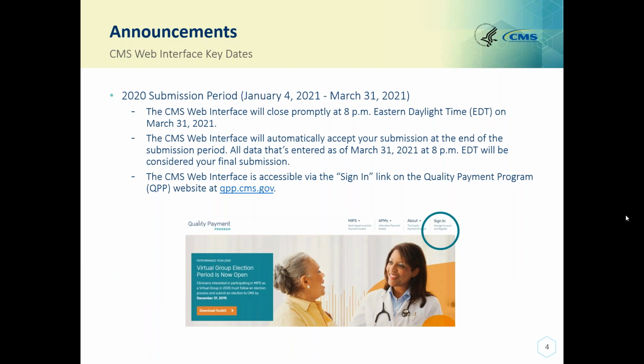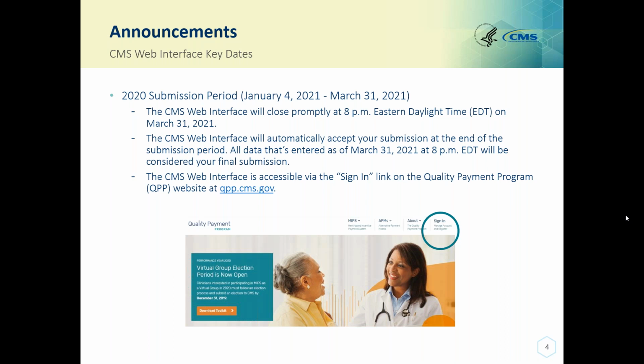The CMS Web Interface will close promptly at 8 p.m. Eastern Daylight Time on March 31st, 2021. Your submission will be automatically accepted once the submission period closes. As a reminder, the CMS Web Interface is accessible using the sign-in link on the Quality Payment Program website, circled here.